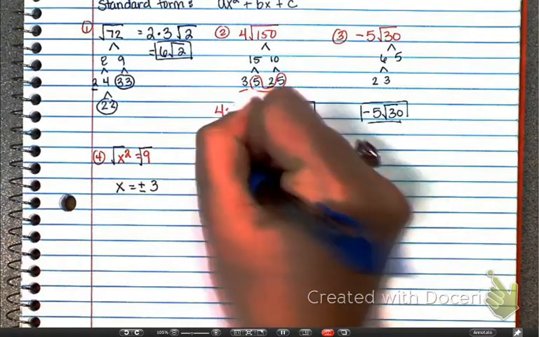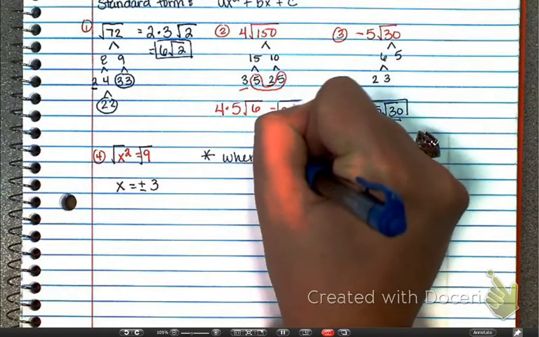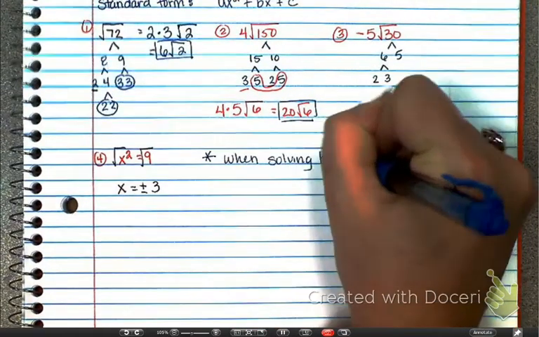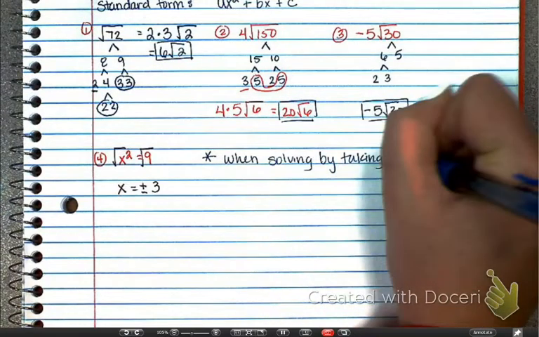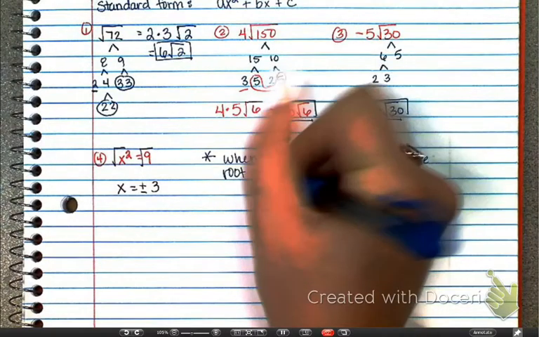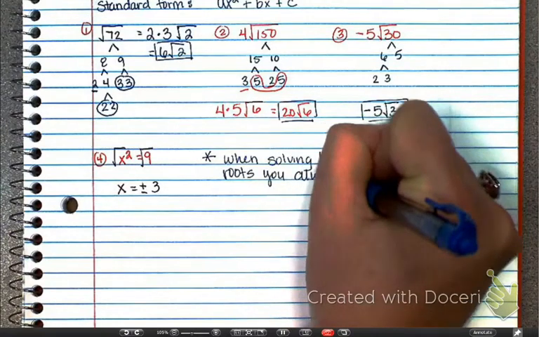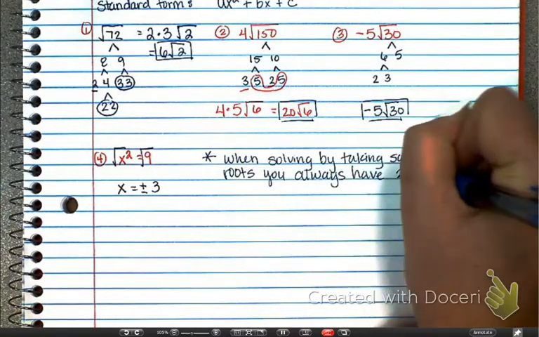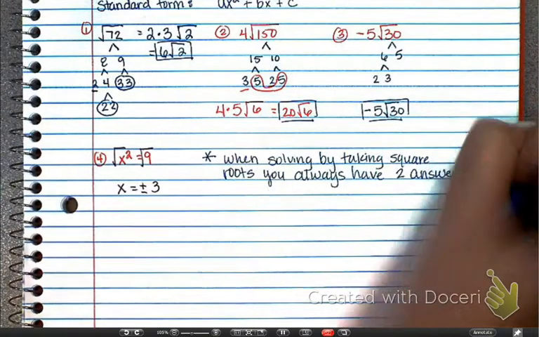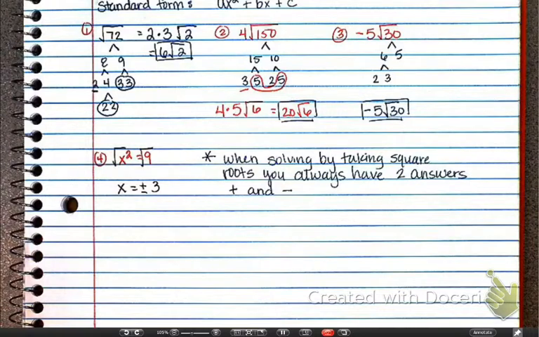Here's our note: when solving by taking square roots, you always have 2 answers, a plus answer and a minus answer.